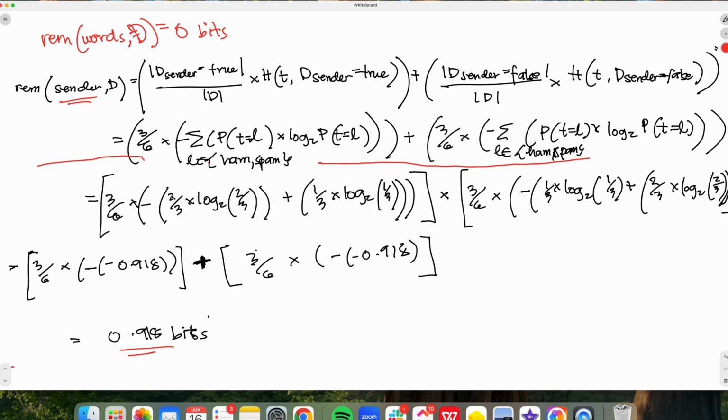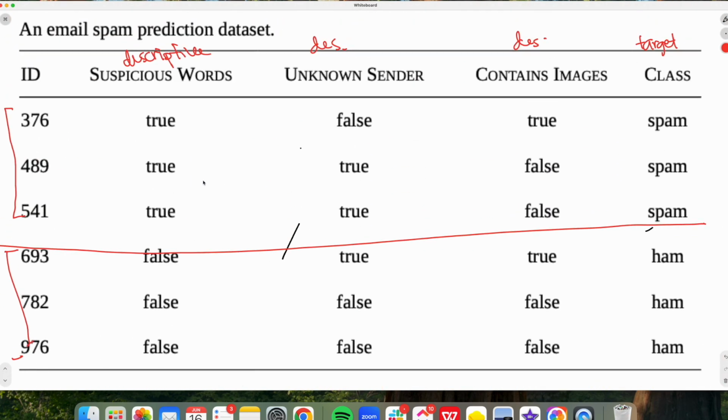However, it differs when it's ham or spam. So focusing our attention on this descriptive feature, we look at all true first. We have 1, 2, and 3. So that's 3 over 6 in total.